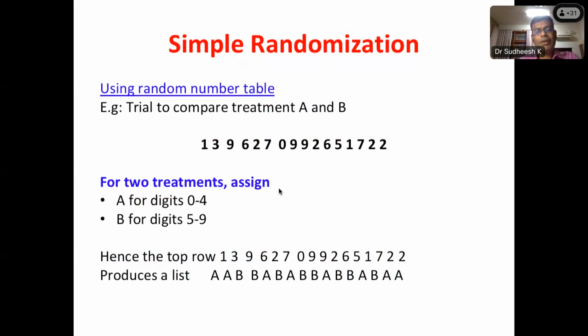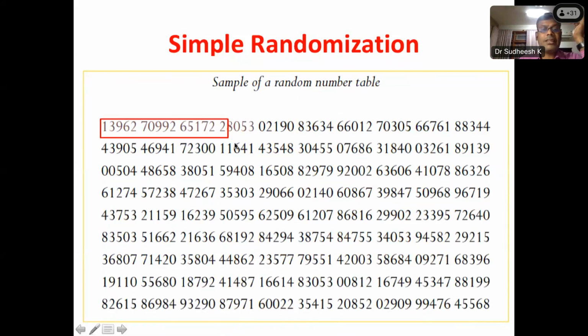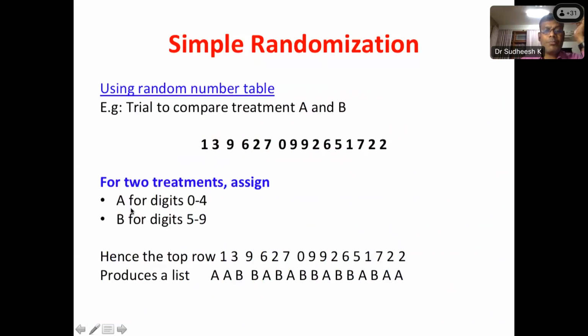See, 1, 3 A group, and again 9 is B. Here what I've done is I've selected this particular set of numbers, and then I've put group A for all numbers which are less than 4, and anything between 5 and 9 I put B. So 1, 3 A. Now 9 is more than 5, so it becomes B. 6 is more than 5, B. Again 2 is here, so I put group A. So this will be the sequence.